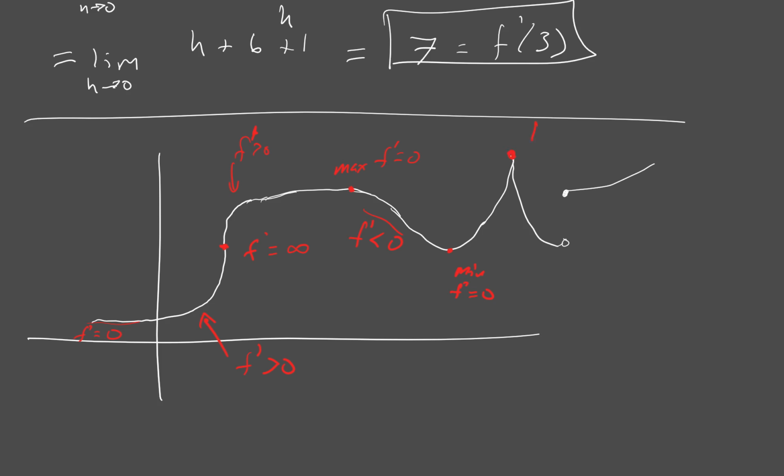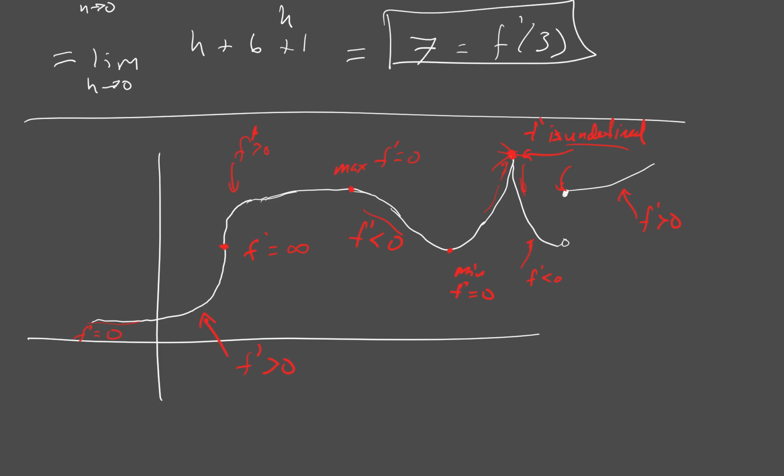Here, f prime is undefined. I can't tell you what the slope is because it could be anything from positive stuff to negative stuff, right? There's no specific slope there. Any line I draw through here could be thought of as a tangent line. So it's undefined there, and it's also undefined here. Otherwise, I've got f prime less than 0 there, f prime bigger than 0 there.